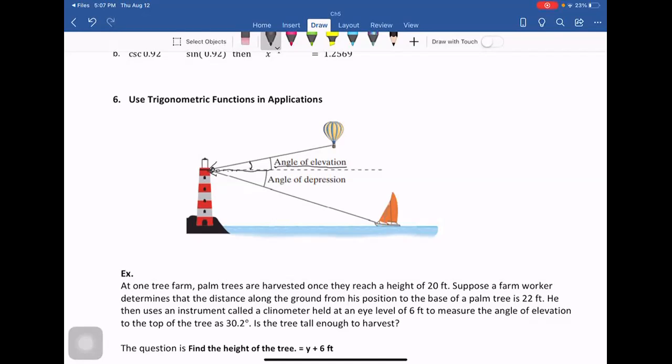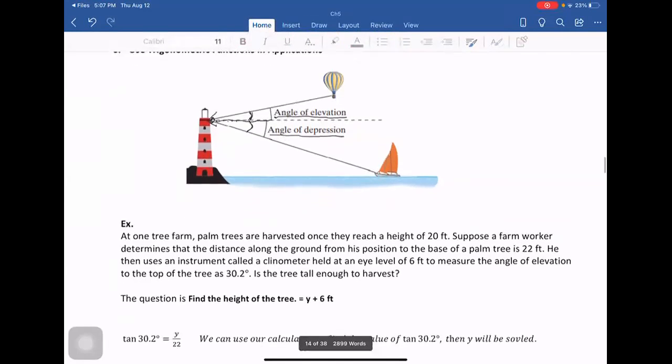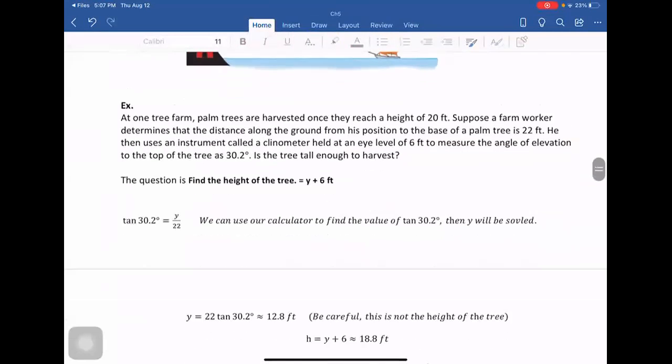That is the angle here. This is the angle of elevation. And another definition, angle of depression, is an angle measured downward from a horizon line of reference. That is here. So let's move on to see the example.